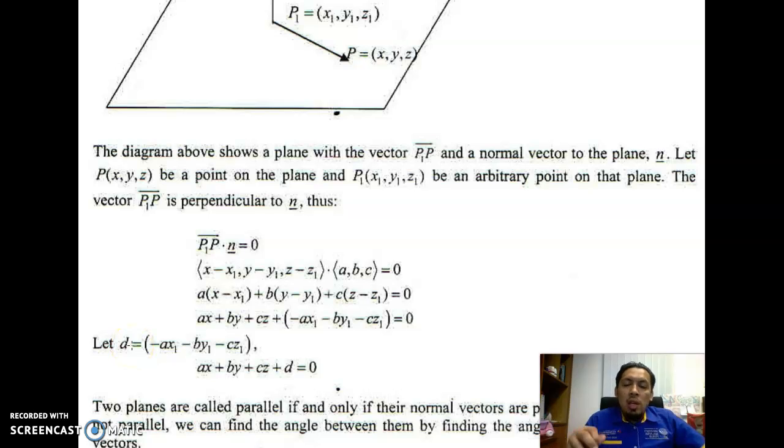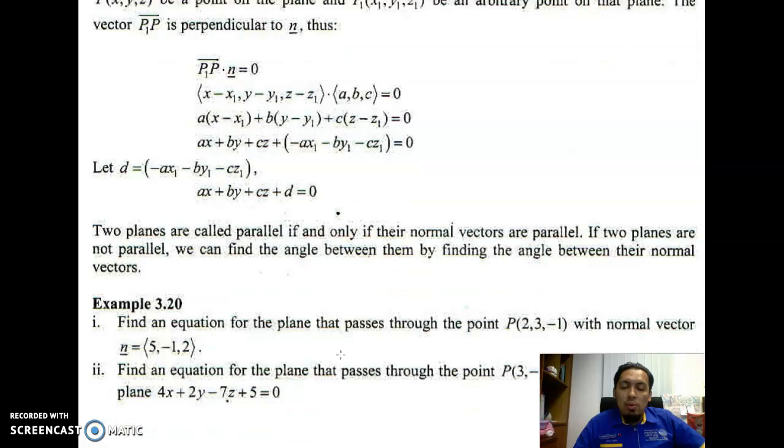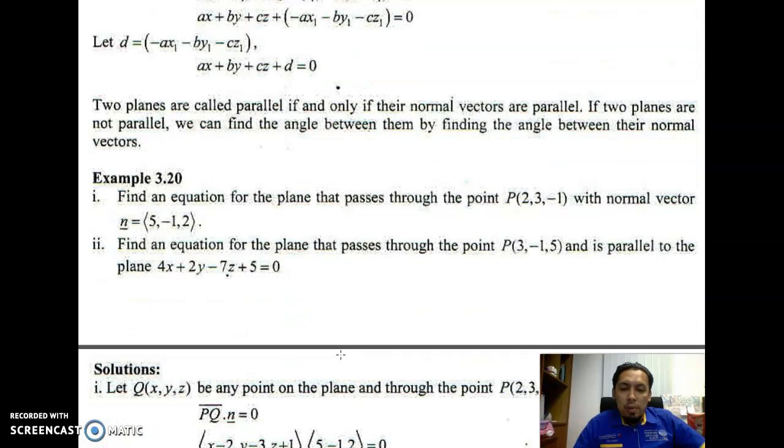So basically, at the end, you can expect to get an equation for your plane in this form: ax plus by plus cz plus d equal to 0. Don't fret just yet. Let's try to do it by using an example. Okay, now look at the first example. We have the equation.